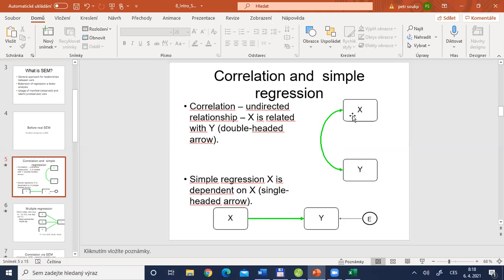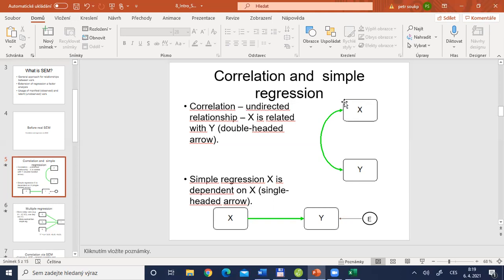So this is the information hidden in this picture. And there is one more important feature in this picture. You can see squares or rectangles, and we use squares or rectangles for variables that are manifest. So it means they are present in my data matrix.